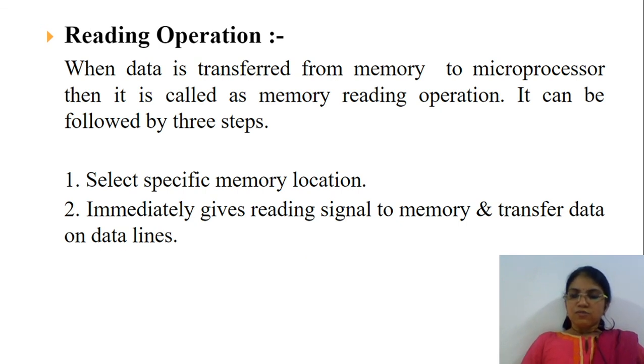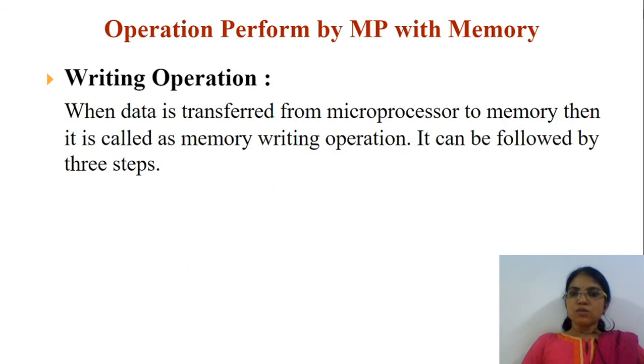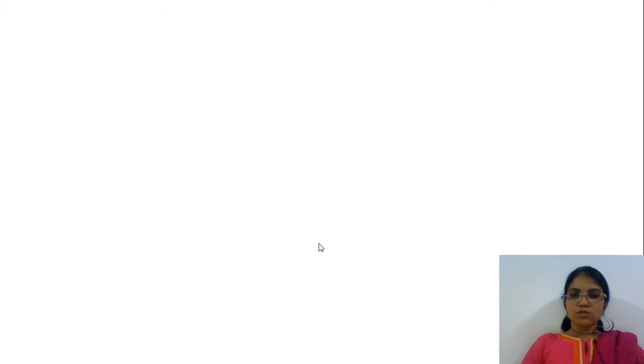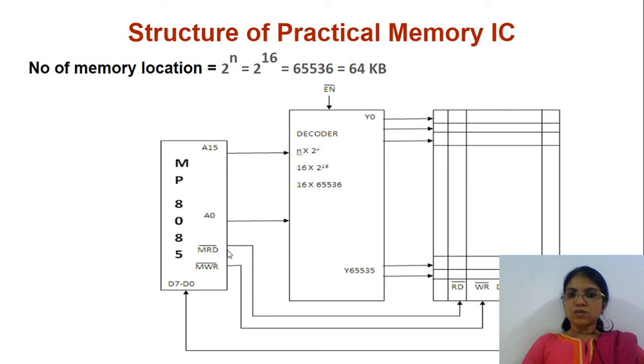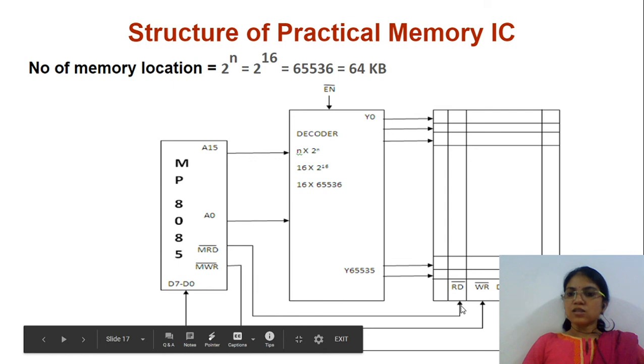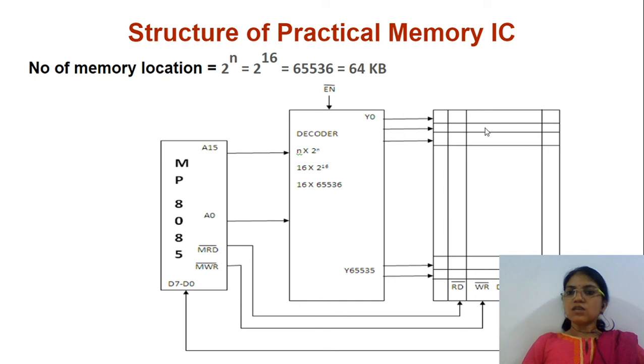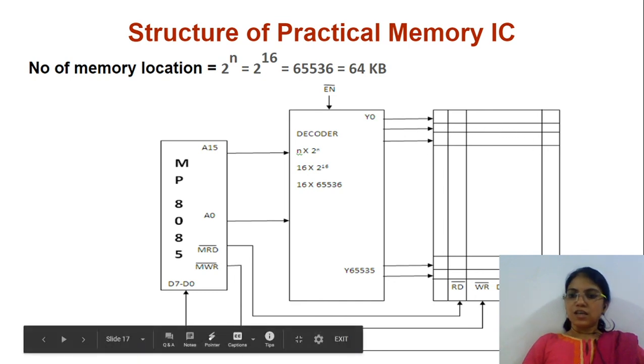So we transfer the RD bar signal to the memory, and when RD bar is activated, the content inside that memory location is transferred on data lines D7 to D0. Now the content is available on D7 to D0, but it is not fed to the microprocessor. It can be given by using the third step.